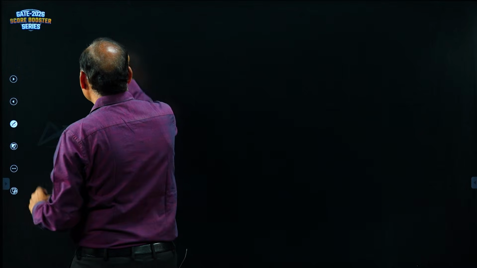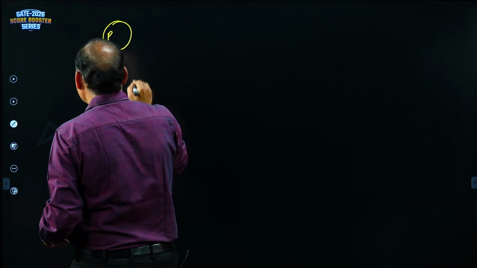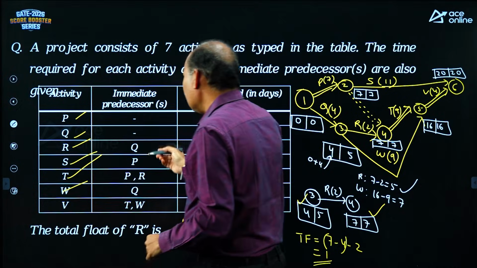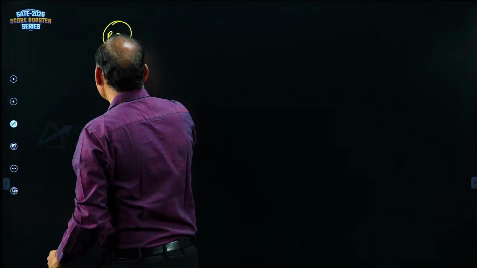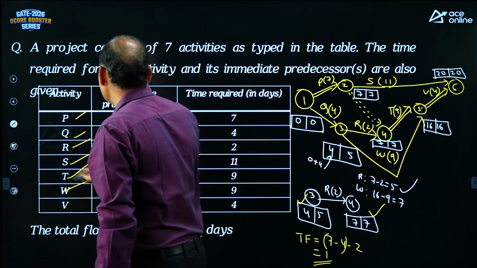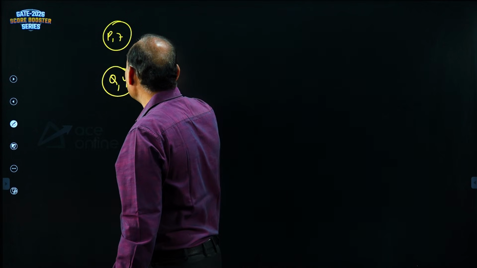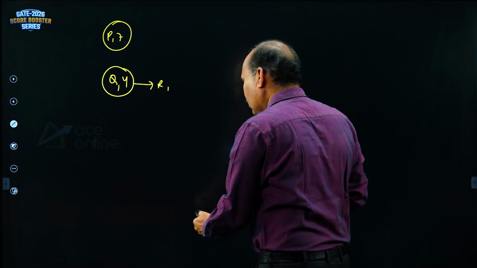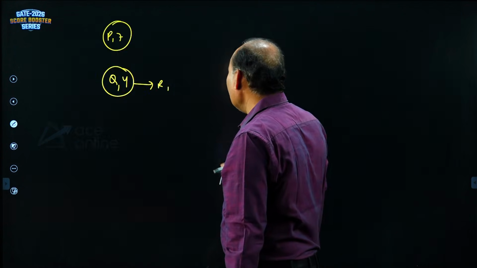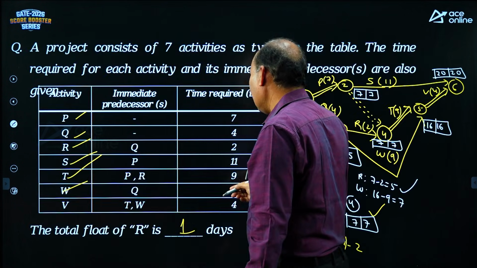P, Q with no condition. What is the duration? 7, 4. Next, R after Q. What is the duration of R? 2. S after P, 11.